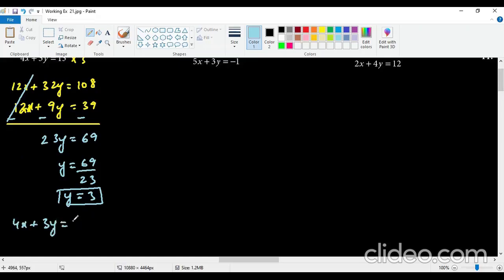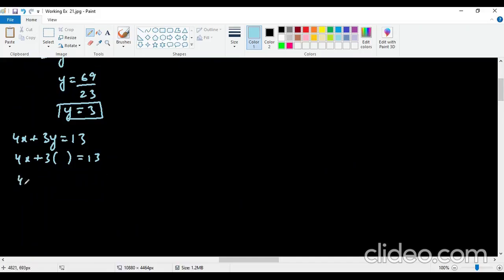The value of y is 3, and here 4x plus 3 times 3 equals 13. I will change the pen color. 4x plus 9 equals 13. That means 4x equals 13 minus 39.